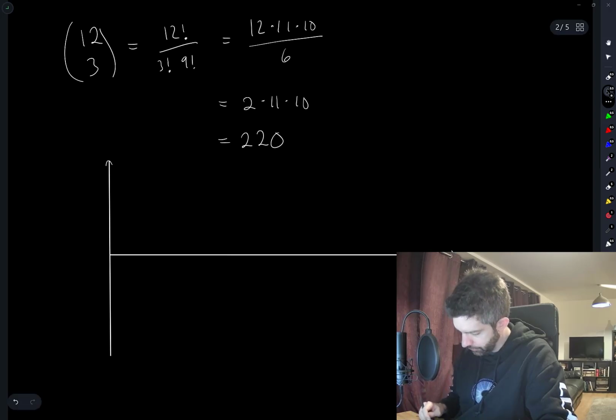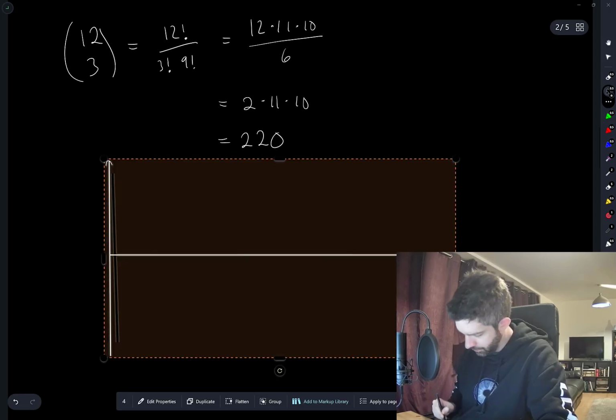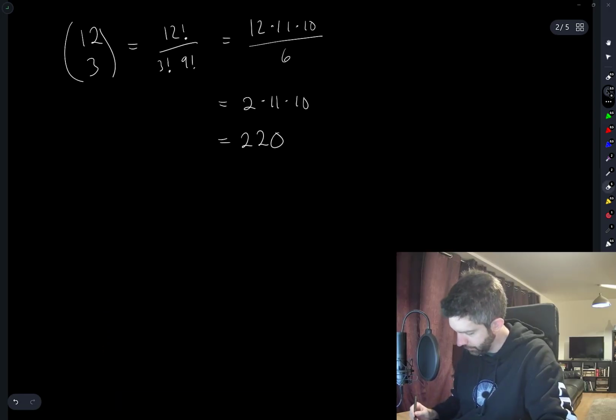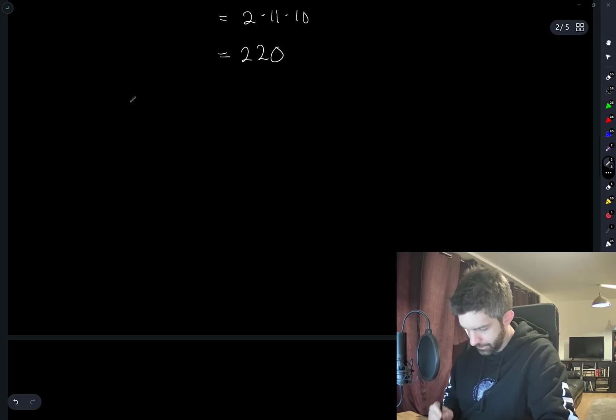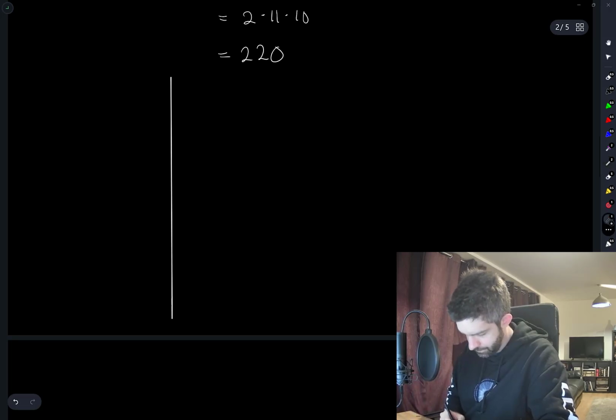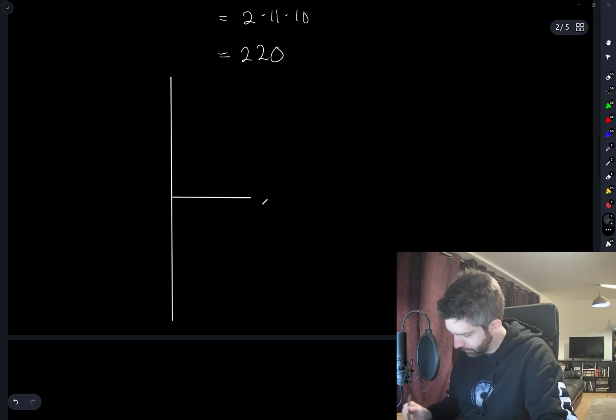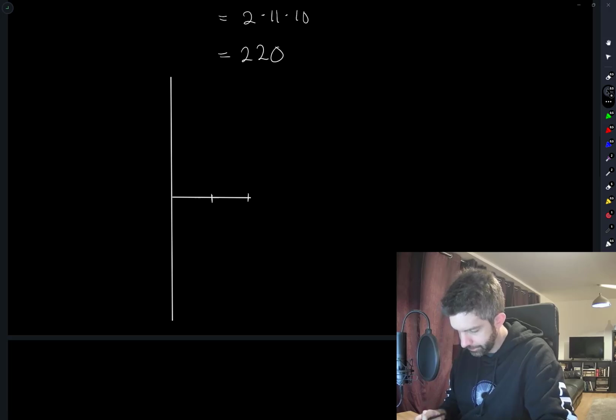Something more like this. x can only be equal to 1 or 2.